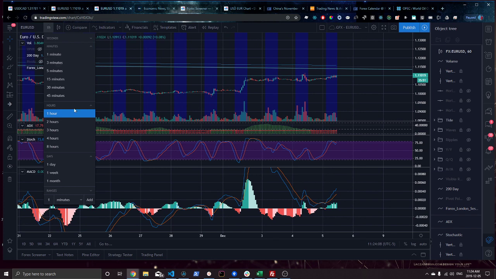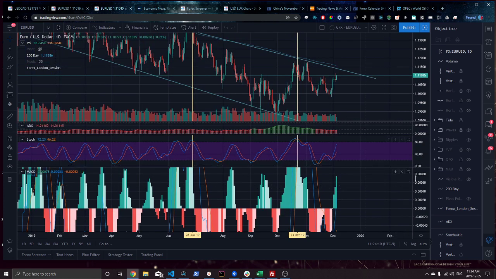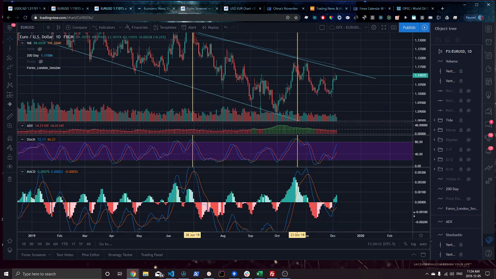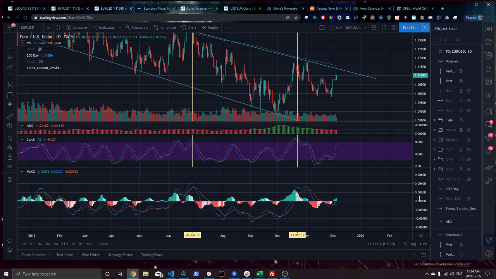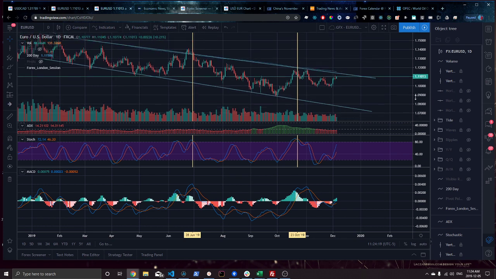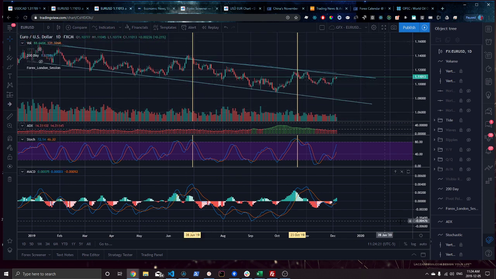I'm going to go back to the daily. These do work a lot better on daily time frames. You get cleaner signals. So let's look at MACD as opposed to stochastics. We have a zero point, and we're either above the zero or below the zero, and that's how this histogram works as well.